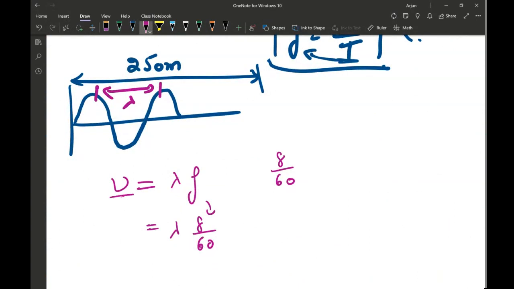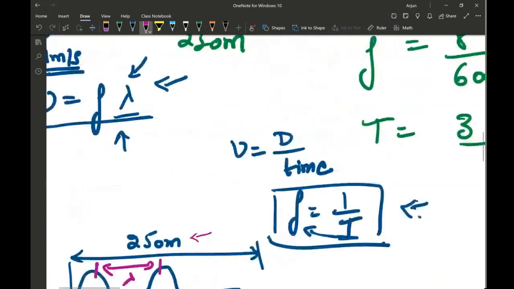Lambda is what I'm looking for. Speed is what I am missing. I don't have the speed at which it is traveling. So let's find out the speed at which it is traveling in the water. The shore is 250 meters away, and he finds that it takes 3 minutes to reach the shore.